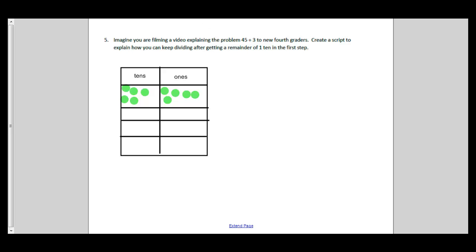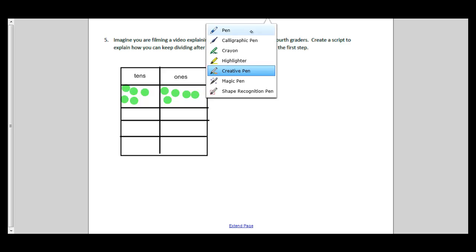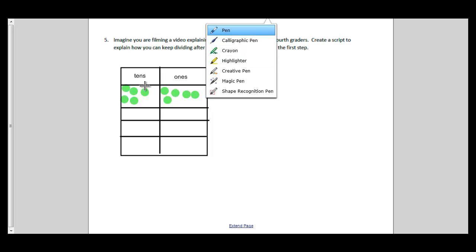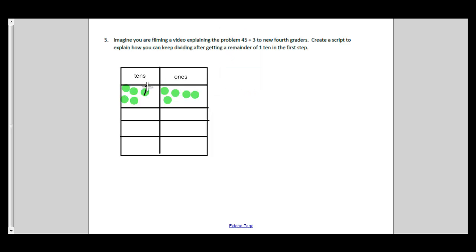So let's just, first of all, work it out. And then we'll see how we could explain this to someone that was new to our class and hadn't had all the lessons that we've had. Okay, so first we would have to distribute the 10s. So I've got 1, 2, oh, I've got 2 tens left over. So I'd have to move these over to the ones place. So I'd have to add 20.